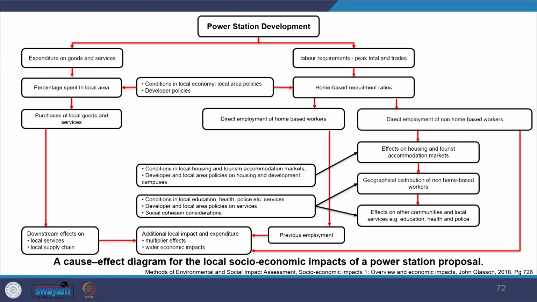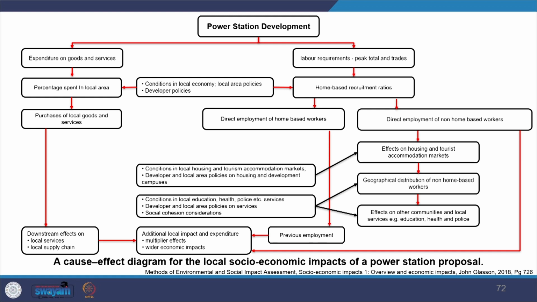And then the other method would be cause-effect relationship. You will be looking at different aspects which will be involved. So here you can see one of the diagrams, a causal effect diagram for local socioeconomic impact.